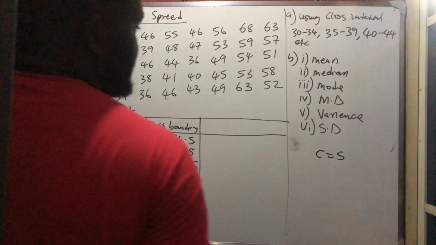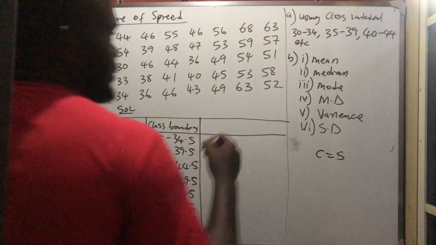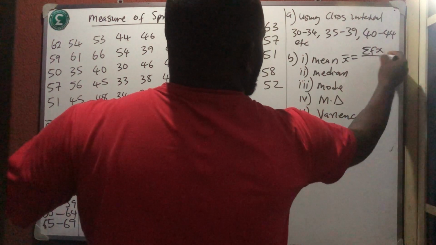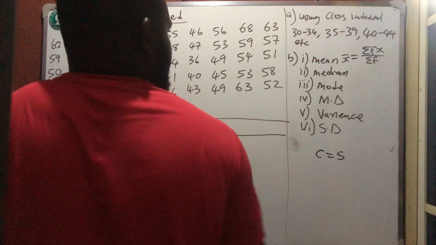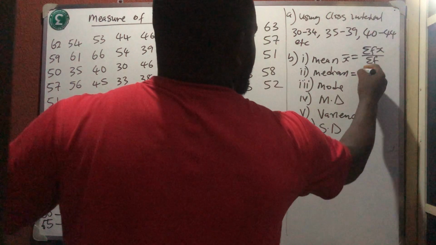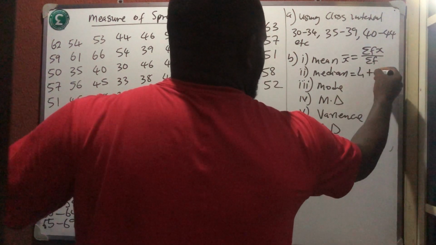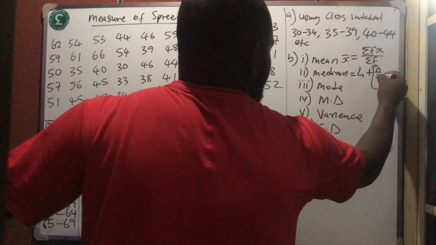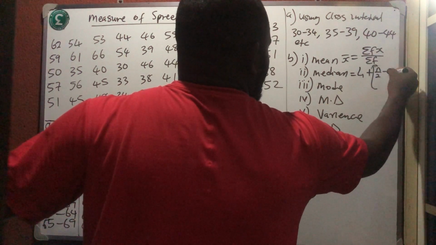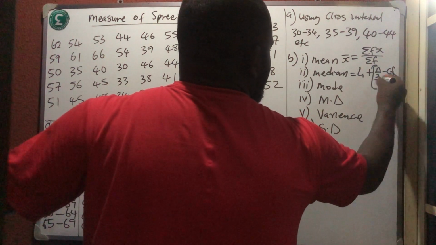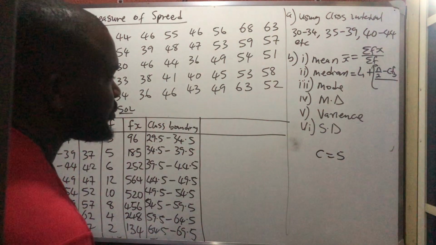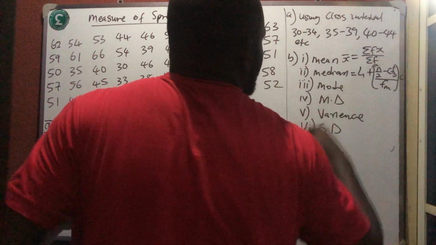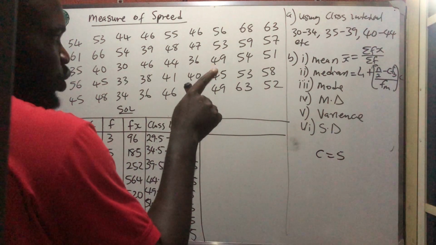Is there any other thing we need? For the mean, x bar is summation f of x all over summation f, and everything is here. Okay, for the median it is L1, the lower class boundary, plus, don't forget that median is in bracket of, you need to get where the median will fall, minus the cumulative frequency of B, then divide it by the frequency of the median class, then multiply it by c. I've gotten my c. So what I need now is the cumulative frequency.